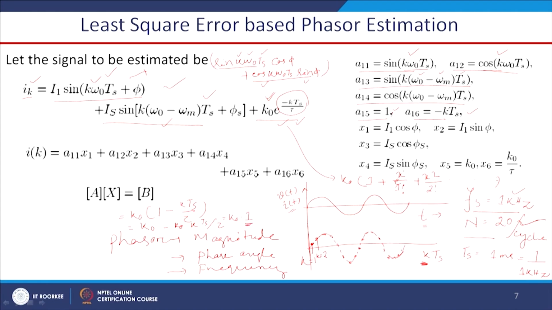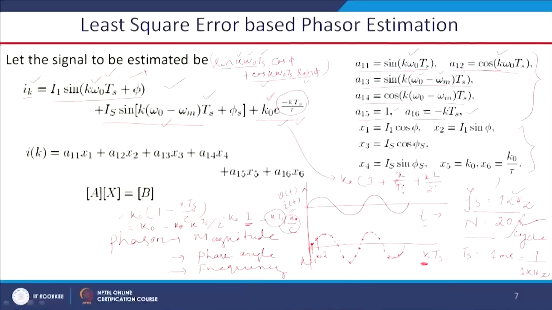And similarly, A16 is minus kTs, whole into k0 divided by tau. So, this part is known and this is unknown, and that is why A16 is equal to minus kTs. That means first we have the known values and second we have the unknown parameters or unknown quantities.